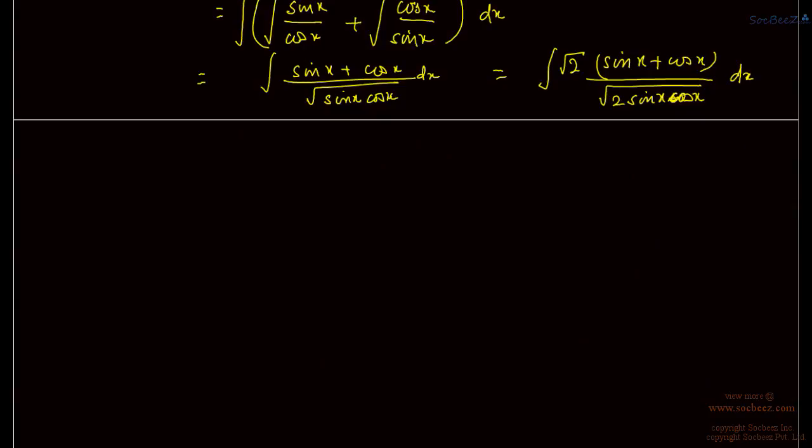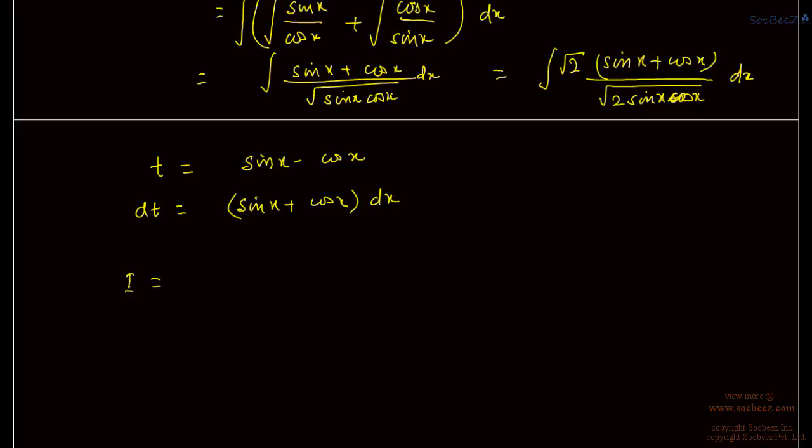Now we will be substituting t as sin x minus cos x. So dt will be sin x plus cos x, the differentiation of this, into dx, right?